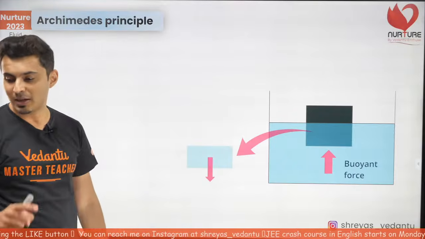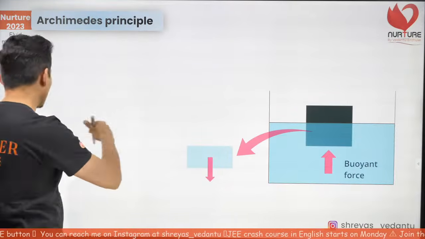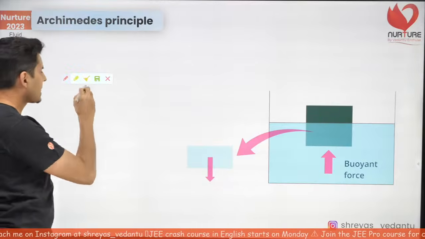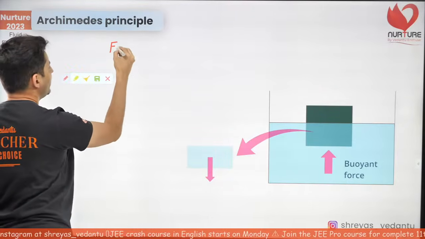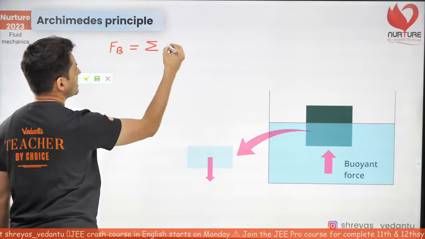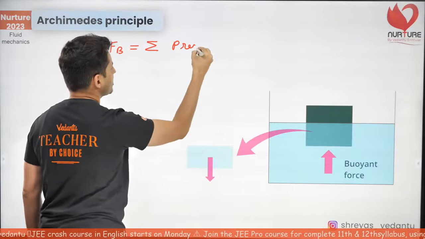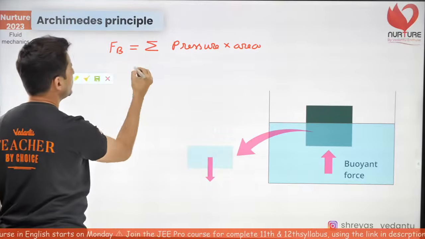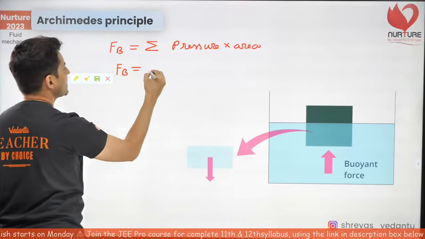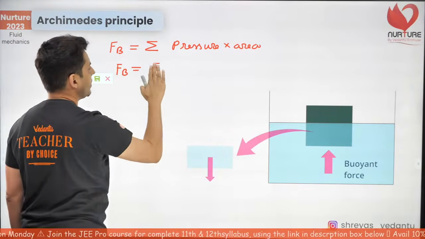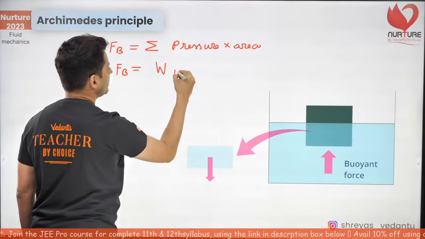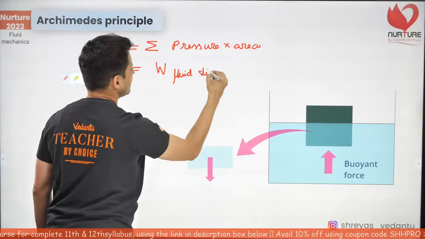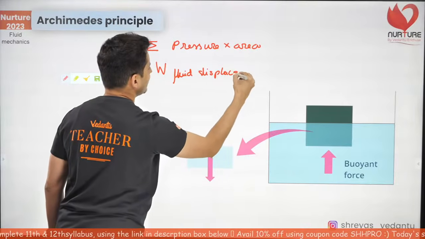So does buoyant force depend on density? Let's talk about this. First of all, I just told you buoyant force is the summation of all the pressure into area forces. This is one way. Also remember, buoyant force is the weight of the fluid which is displaced.